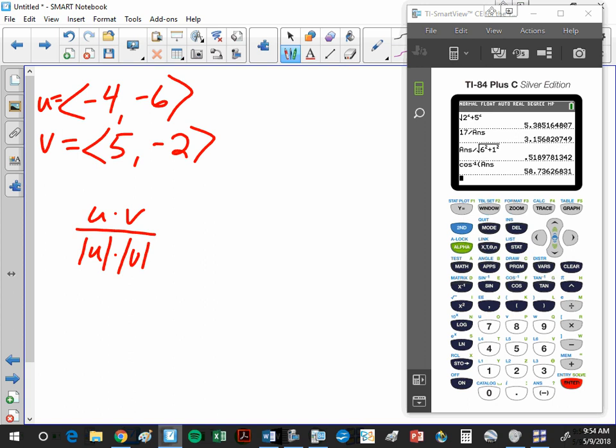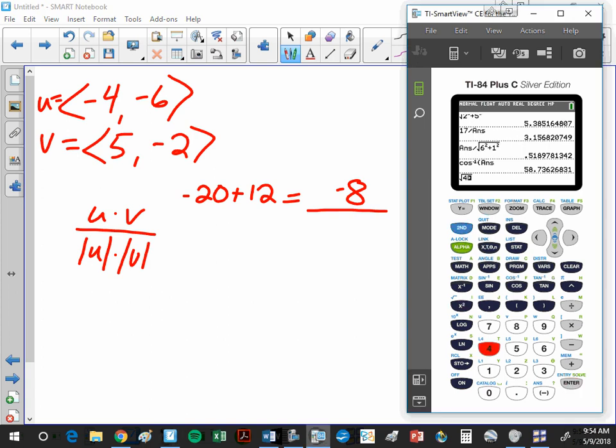So u dot v is going to be -4 times 5 is -20 plus -6 times -2 is 12. So that is -8 over the square root of 4 squared plus 6 squared, and the square root of 5 squared plus 2 squared.